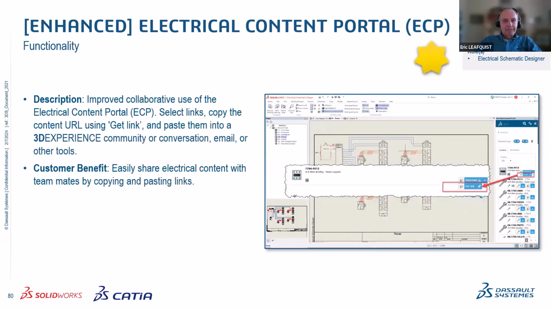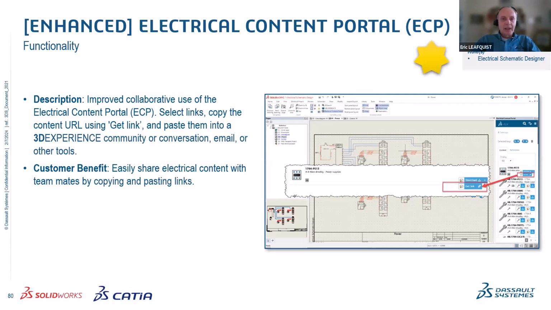Next, please. Now, part of the design process is the creation of the schematic. And in order to do that, you need content. So our electrical content portal is a commonly used source of electrical content. Now, as a user goes in and starts to search for particular components, it's common to run into content that can be very interesting for the next phase or a coming phase of the project.